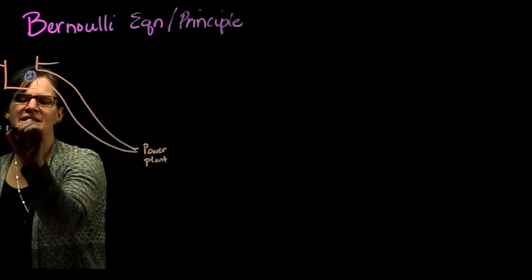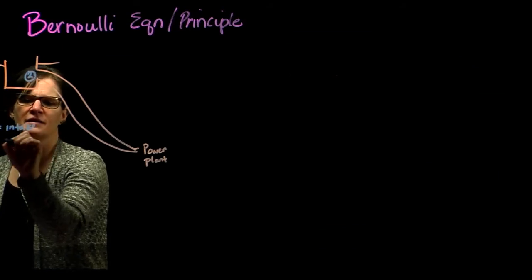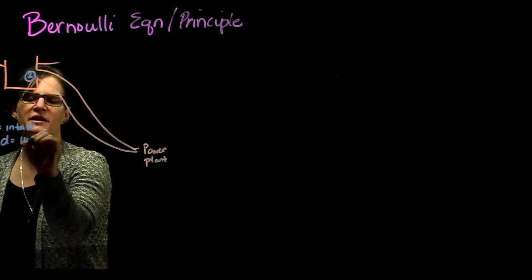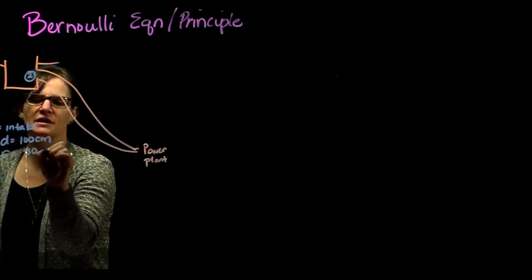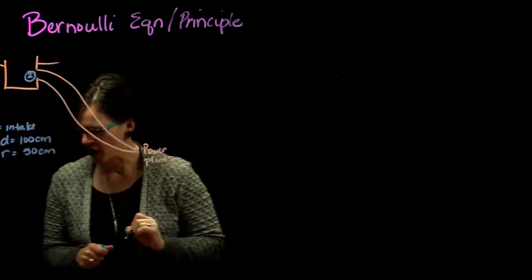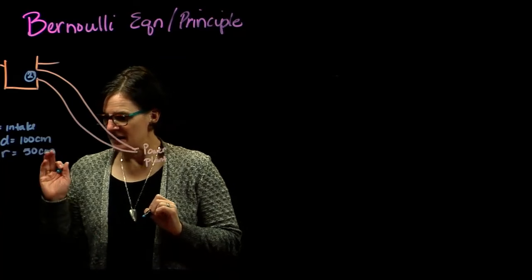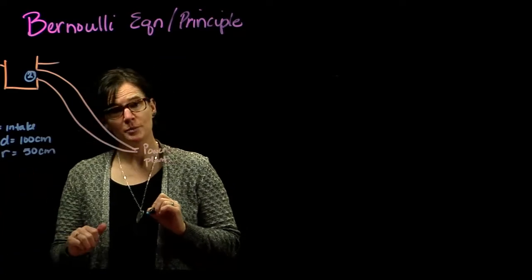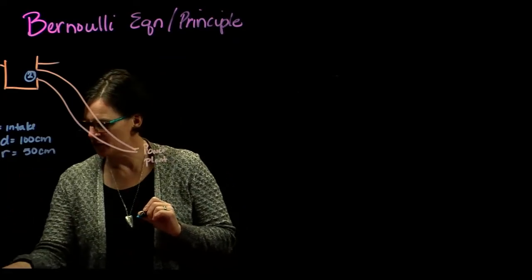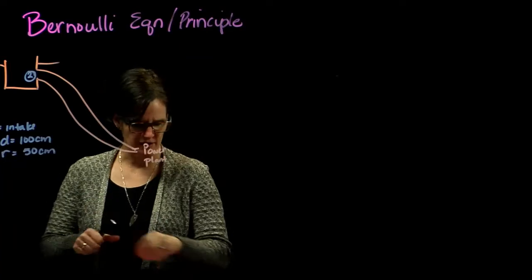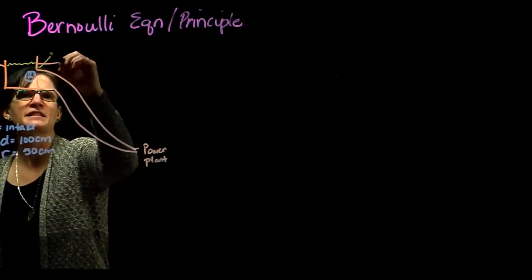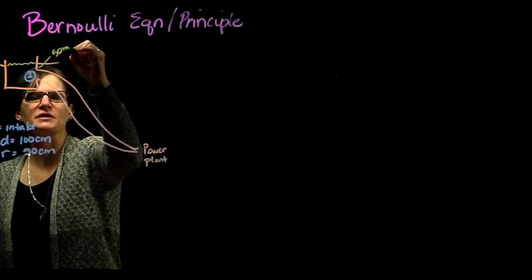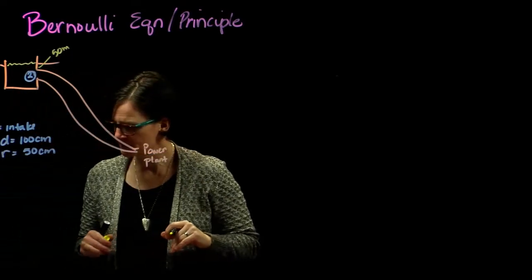Spot 2 has an intake diameter equal to 100 centimeters, or a radius, of course, equal to 50 centimeters. The intake tube is 50 meters below the reservoir's surface. So there's water in this reservoir, and this distance is 50 meters below the surface.